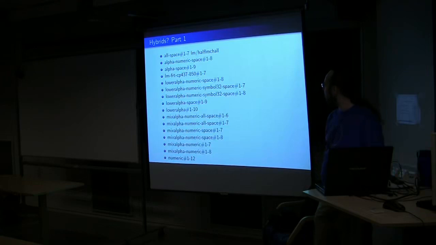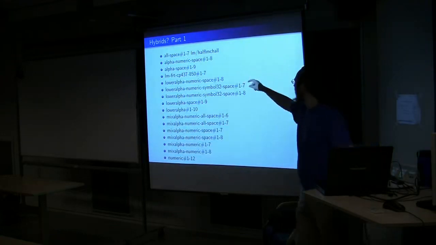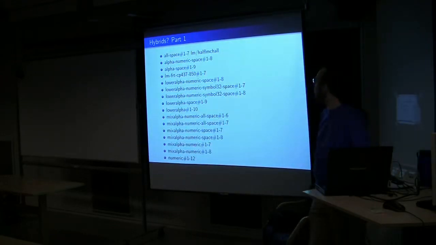I've got some notable exceptions up there. If you take a look at the fourth one down, LM-FRT, that's actually an LM set that includes a very good chunk of almost every possible character. LM, actually, you break in halves, so you don't ever have to break more than 7 characters at a time.